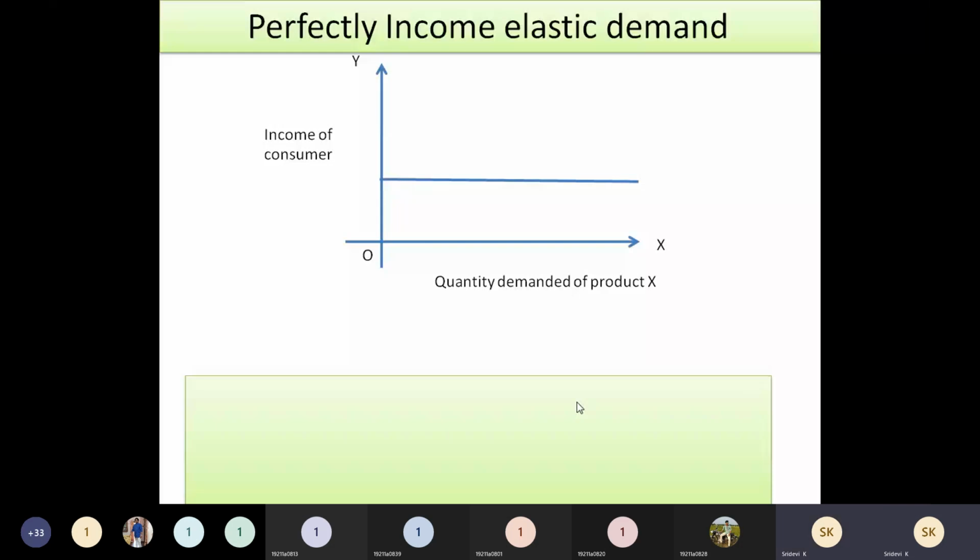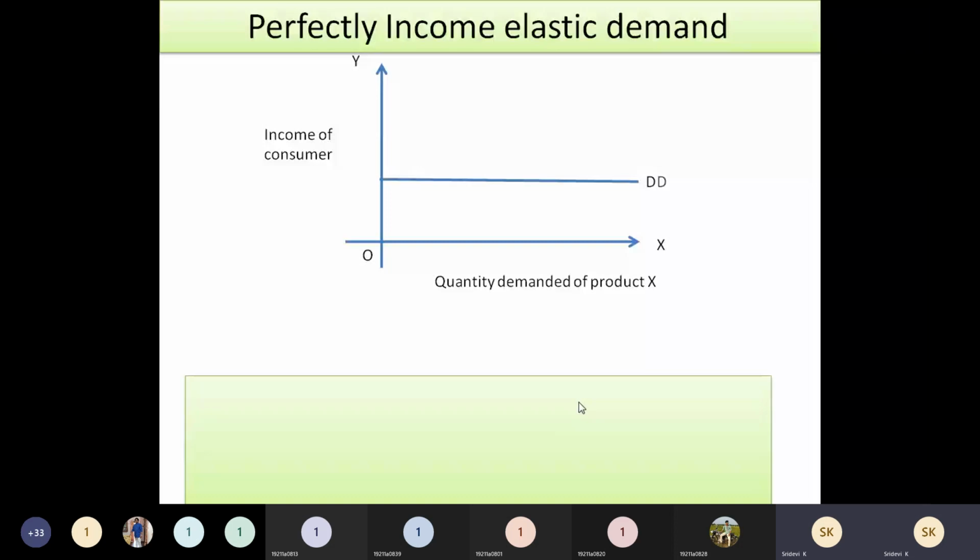And at OI, Q1 is the quantity. It may increase or it may decrease. When it is before Q1, this indicates a reduction. If it is more than this, it indicates an increase in sales. EI is represented by the infinity symbol.